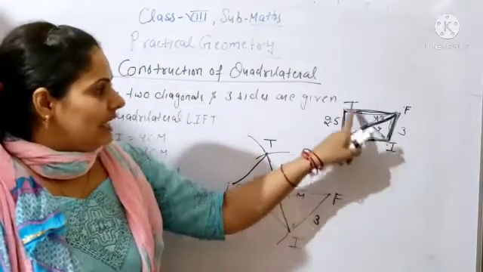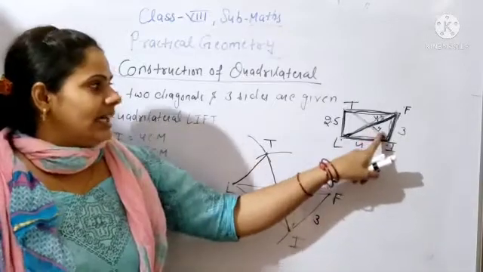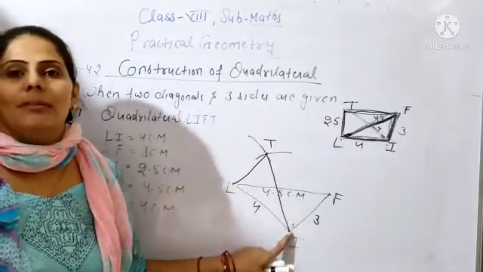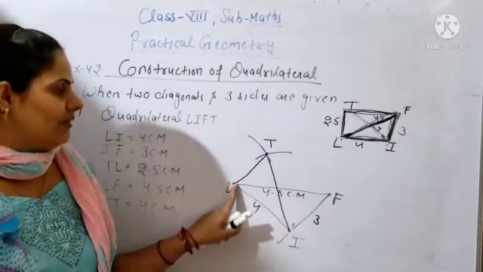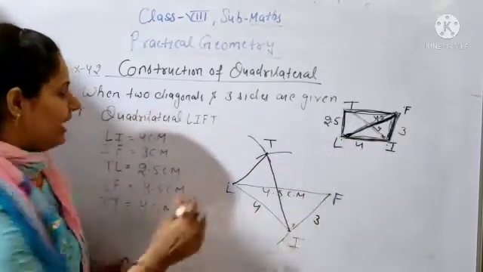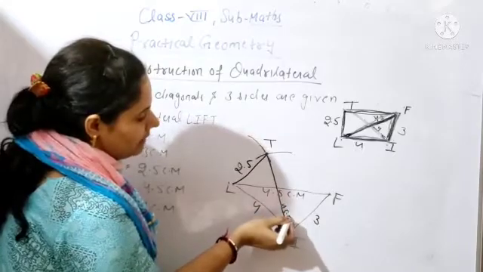So, beta, we can draw the second diagonal length. IT is already given, 4 centimeter. So the second arc we will draw from point I, and one arc we will draw from point L, because the LT length is already given. Clear? Now this one is 2.5 centimeter and this one is 4 centimeter, the IT length.